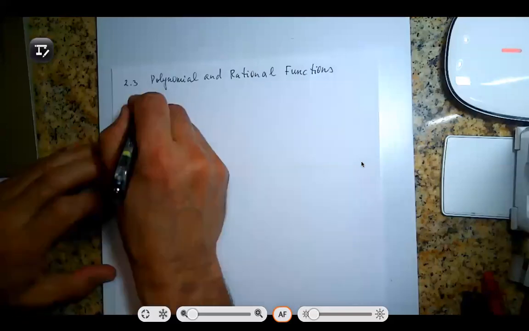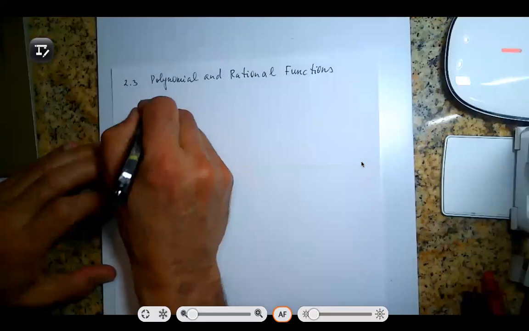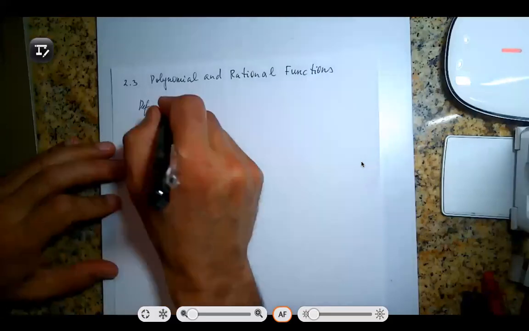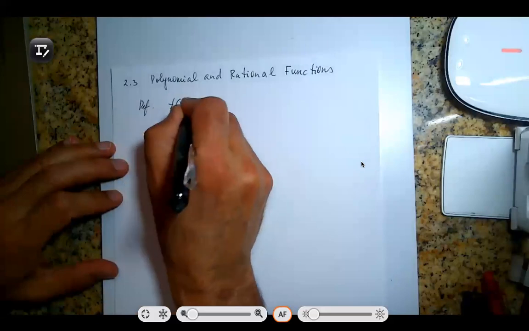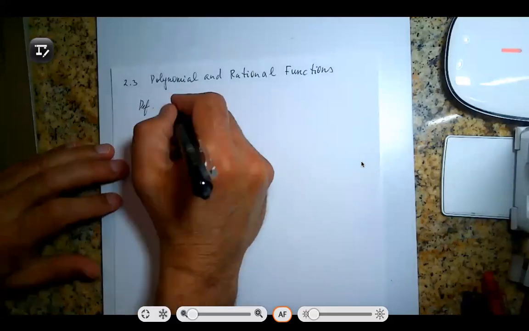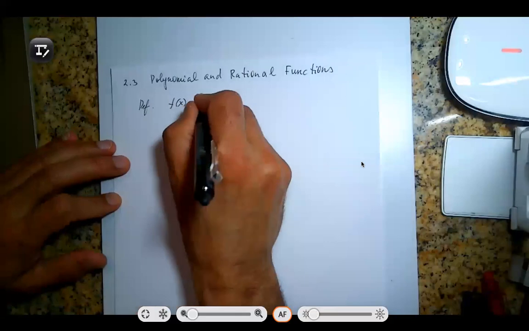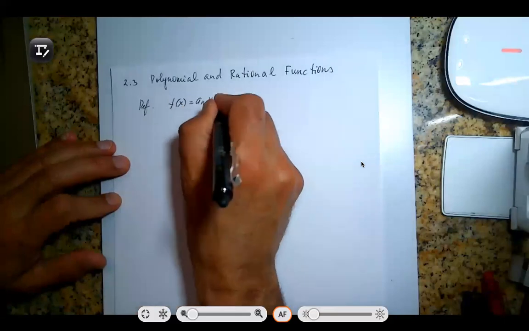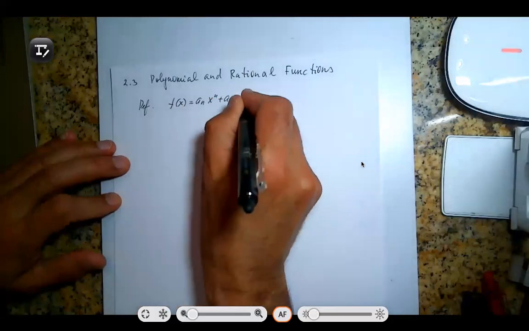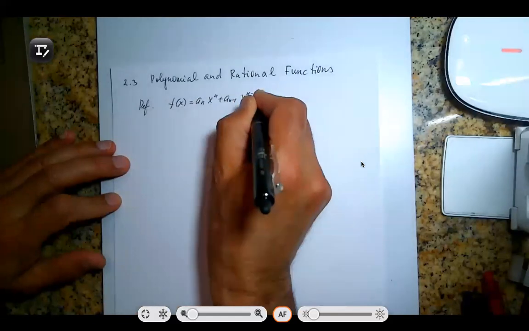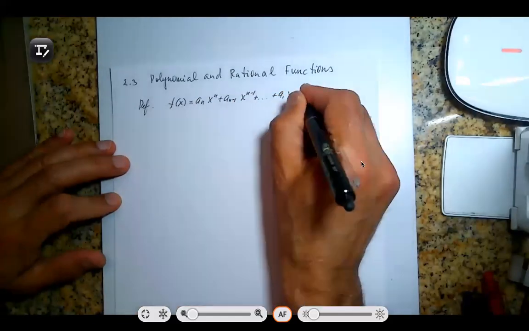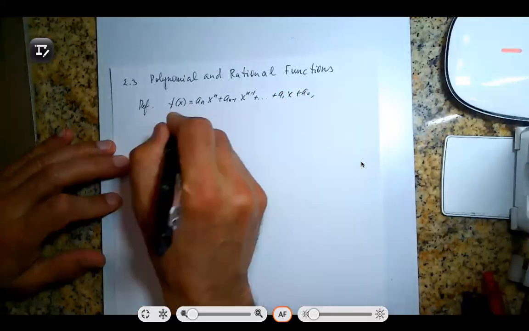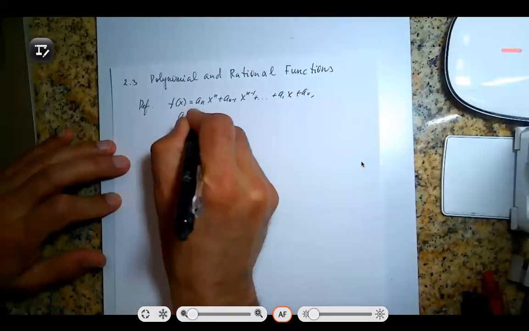Definition: f of x equals a sub n x to the n plus a sub n minus 1 x to the n minus 1, and so on, plus a sub 1 x to the first plus a sub 0, with a sub n not equal to 0.